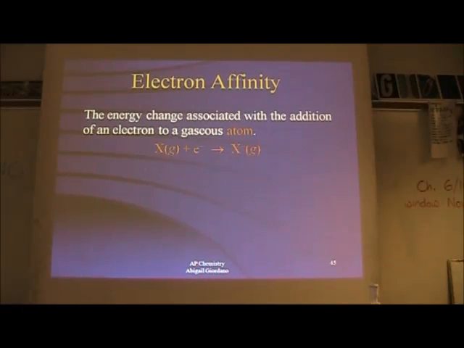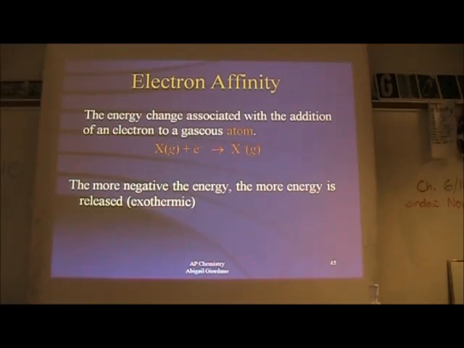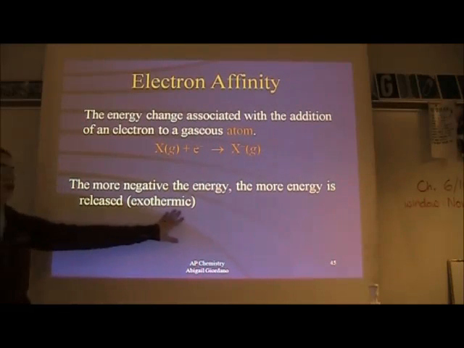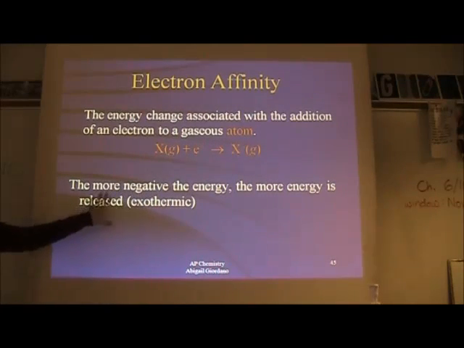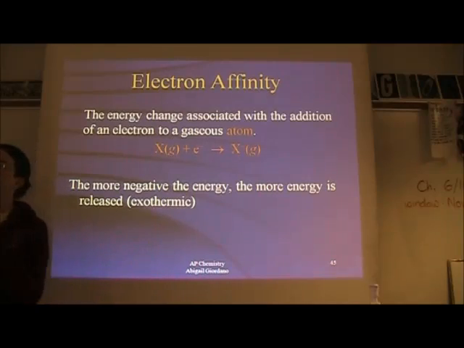So what you're going to end up seeing is a lot of elements that have very exothermic electron affinities. Can you think of a family on the periodic table that would really like to gain one electron?